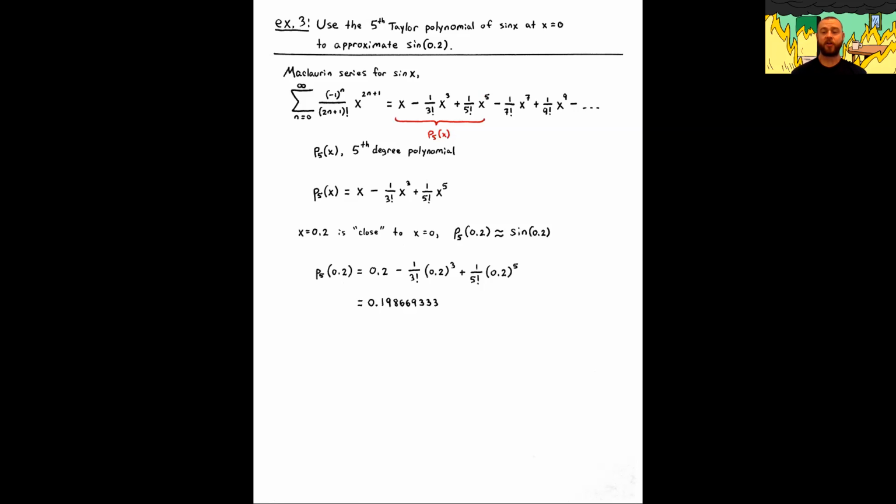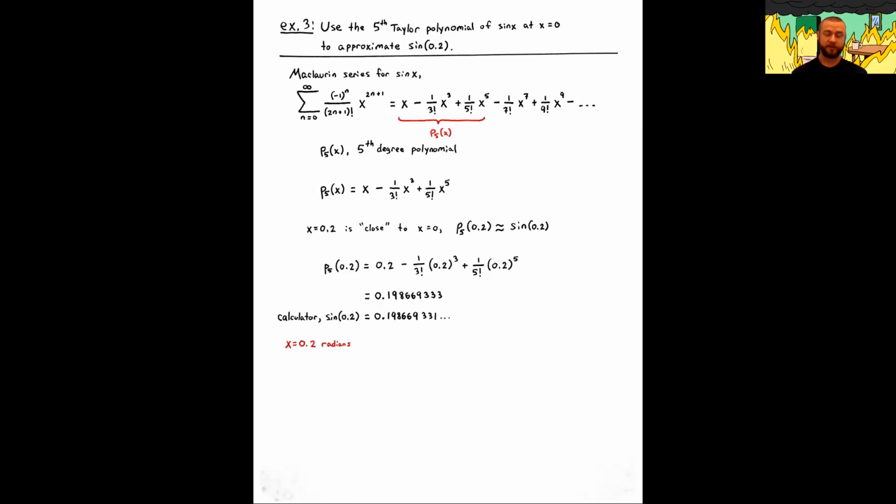Now, since calculators are the be-all, end-all of numerical values, calculators are always right. Let's see what our calculator tells us. So if we were to take our calculator, make sure you have it in radian mode. The derivative of sine of x and cosine of x, those results are only valid if x is in radians.